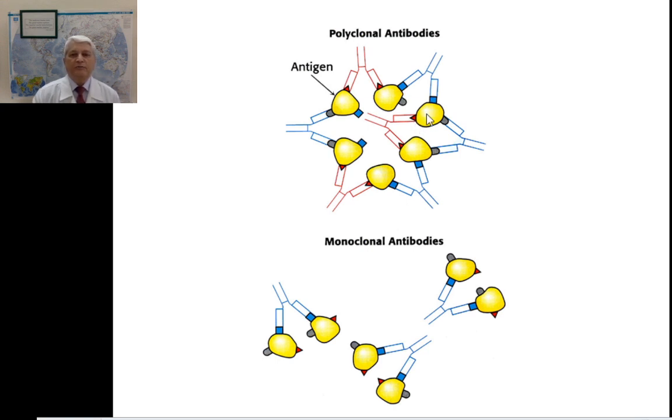Look, all of them are reacting with this yellow antigen, which react with the same antigen but have different primary structure. And here it is shown at least two different molecules of antibodies, red and blue.